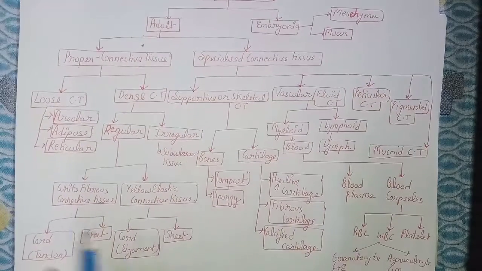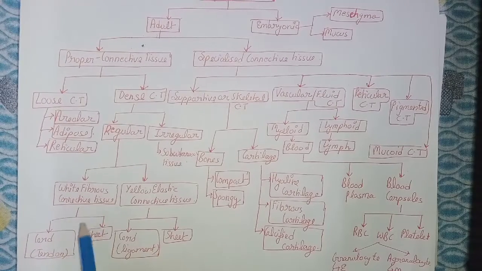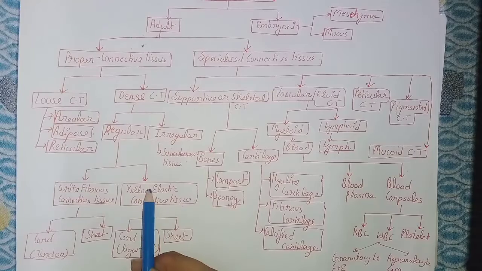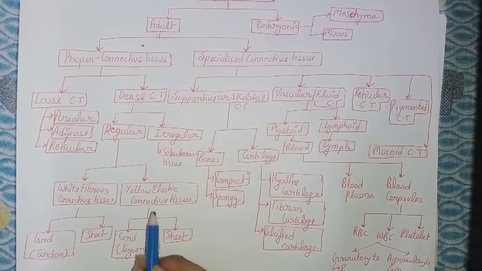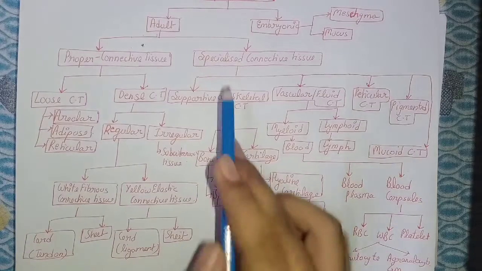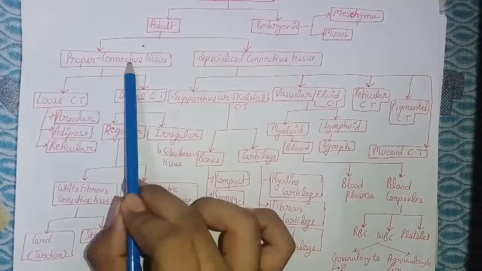White fibrous connective tissue is in the form of cord, that is tendon, and in the form of sheet. Yellow elastic connective tissue is in the form of cord, which is ligament, and also in the form of sheet. This finishes our topic of proper connective tissue.